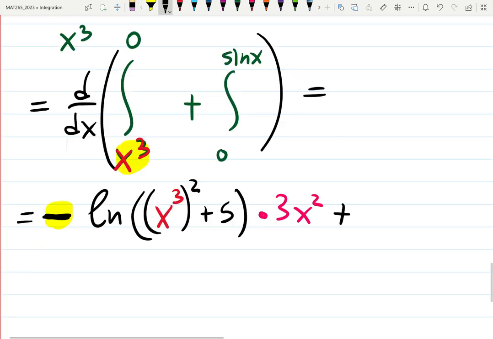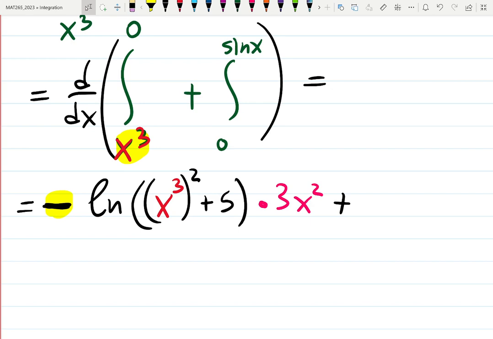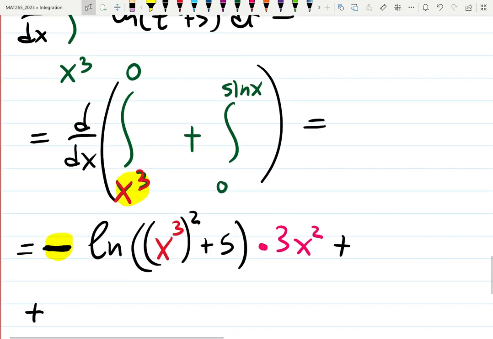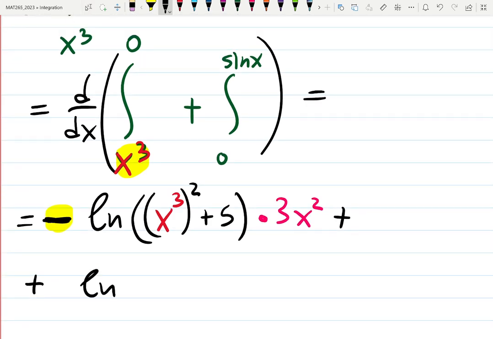Plus the second integral doesn't need to be flipped. It's from 0 to sine x. So I'm going to do plus natural log of t squared plus 5 becomes sine squared x plus 5.